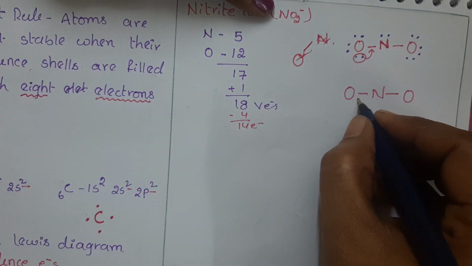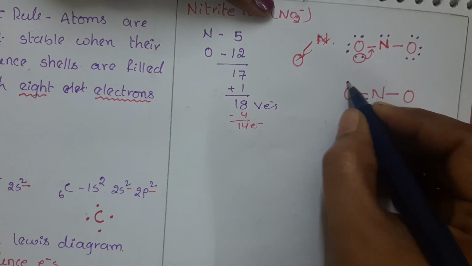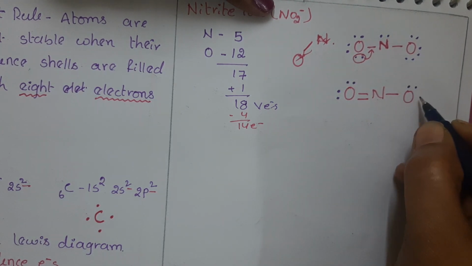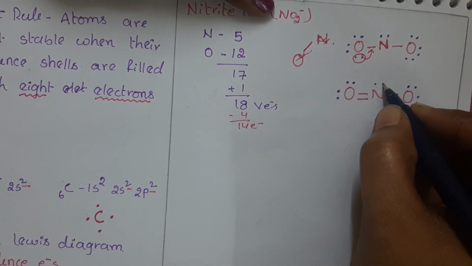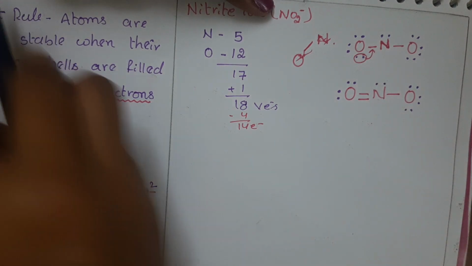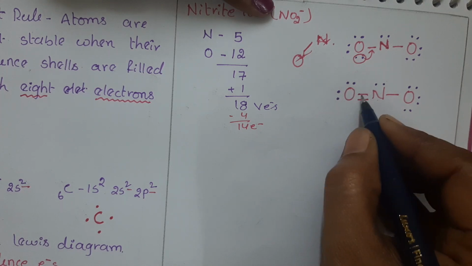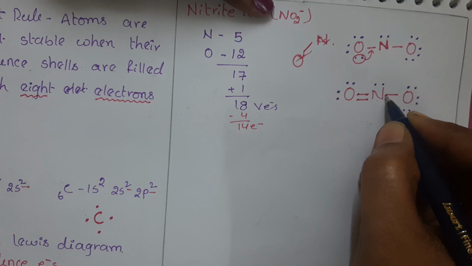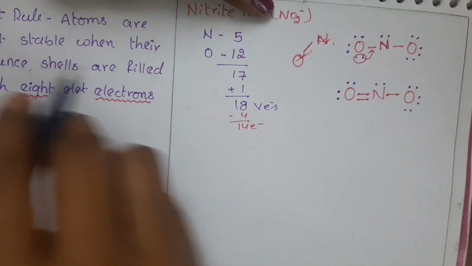Next, this oxygen is forming a double bond with nitrogen, and it has 1, 2, 3, 4 lone pair electrons, and the other atom contains 1, 2, 3, 4, 5, 6, and nitrogen contains 2 lone pair electrons. Now count the total number of electrons, is 18 there or not? 1, 2, 3, up to 18.